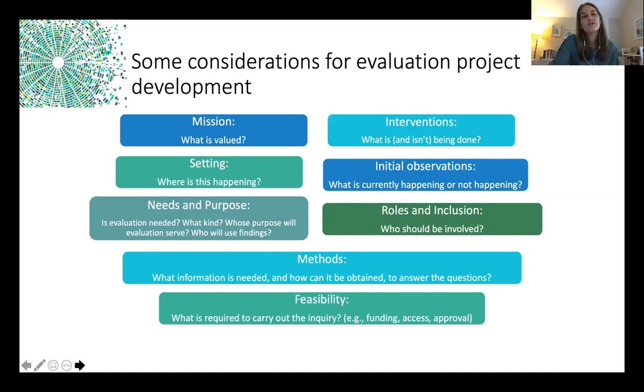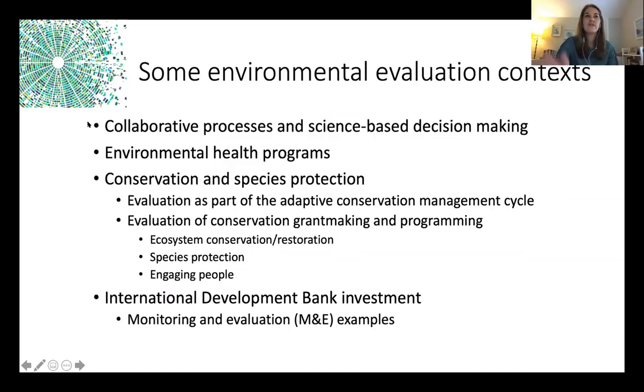But what I'm going to do here is give examples from some of the many environmental evaluation contexts.